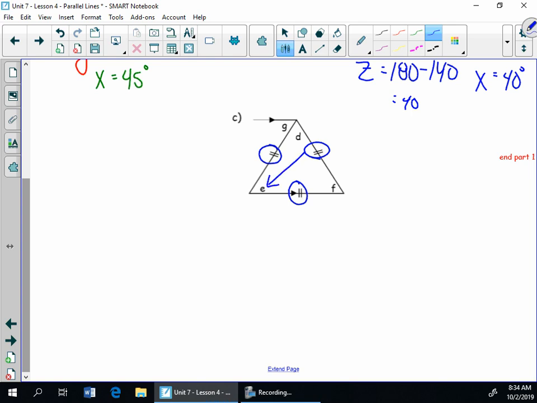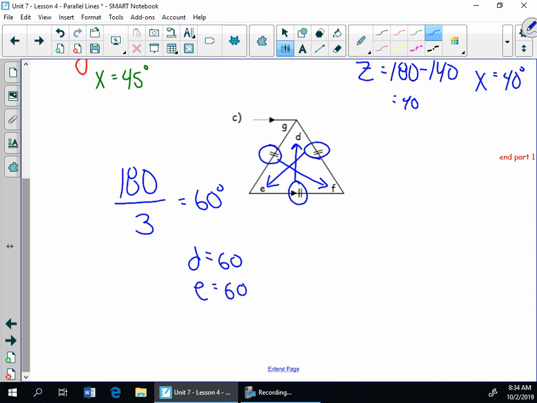So this angle, and this angle, and this angle all must be equal. What do we know about triangles? We know triangles make 180. If there are 3 equal angles in it, I can divide it by 3 and get the size of each angle. What's 60? Well, D is 60. E is 60, and F is 60.